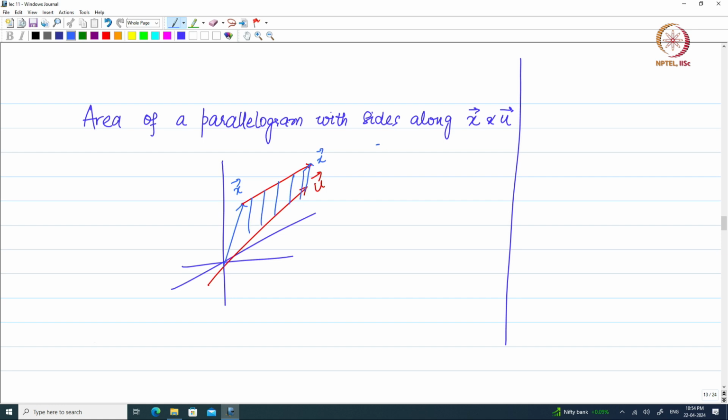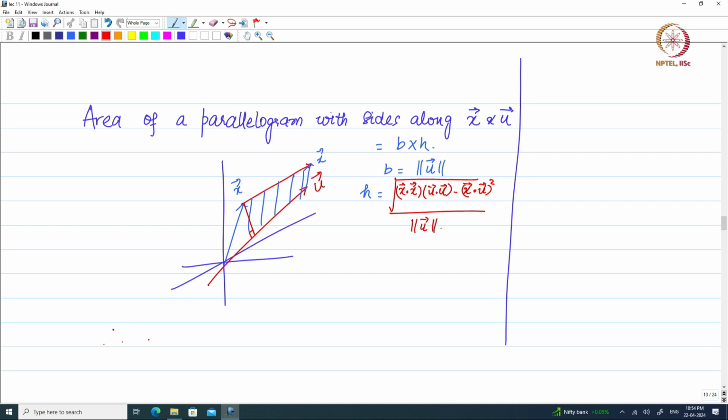Area is nothing but base into height, where the base is the vector length of u, and the height is exactly what we found a couple of minutes back: the square root of x dot x into u dot u minus x dot u the whole square, divided by the vector length of u.